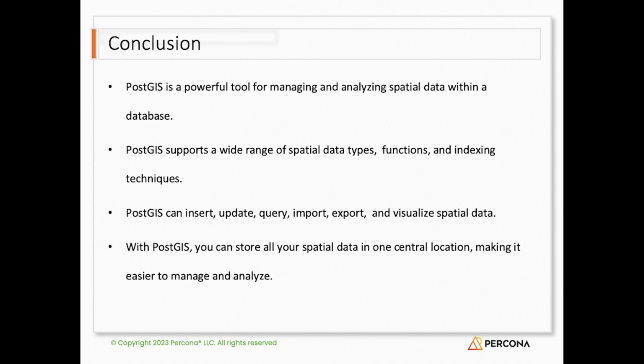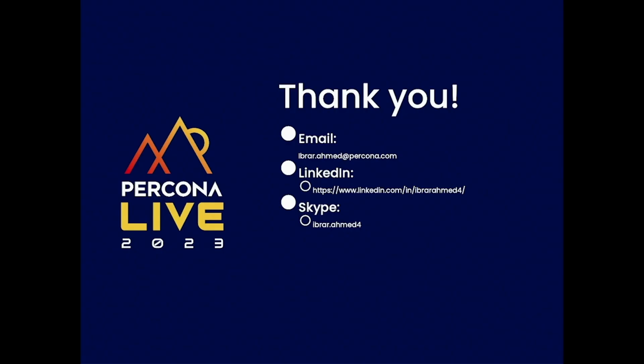It supports a wide range of operations on spatial data like insert, update, query, import, export, and visualize. These are things you require. With PostGIS, you can store all your spatial data in a central location, making it easier to manage and analyze. Previously, we were using text files, JSON files, XML files, and we distributed those files everywhere. Now it's in a database in a central location, so everybody can access it and generate their own reports.